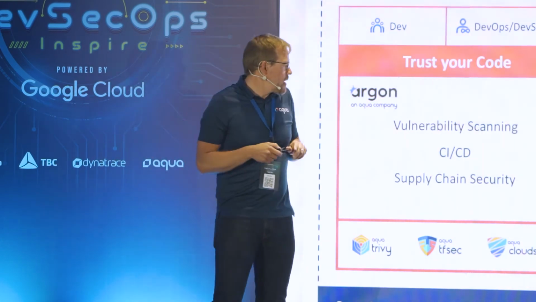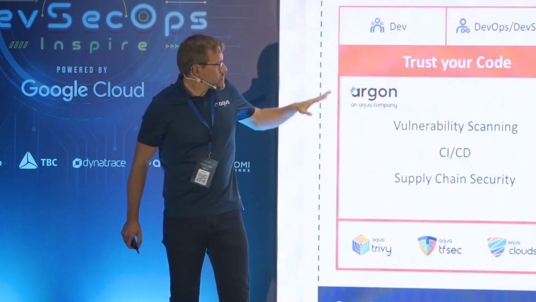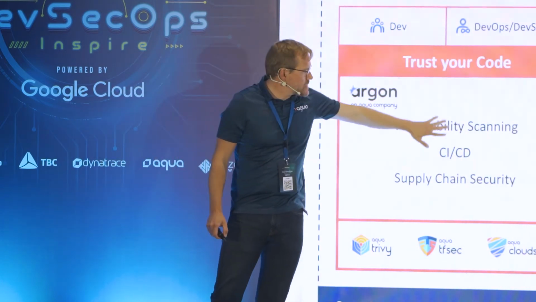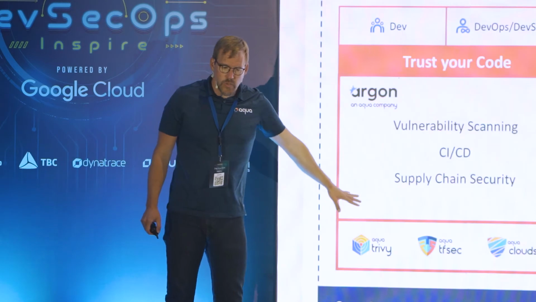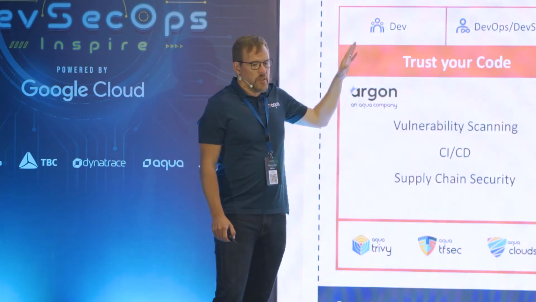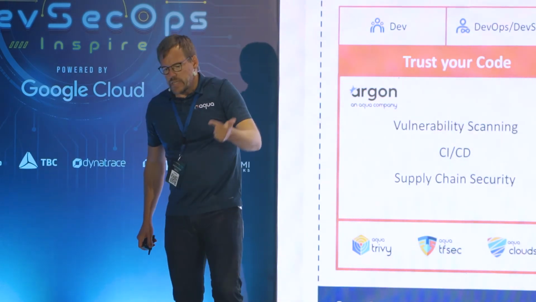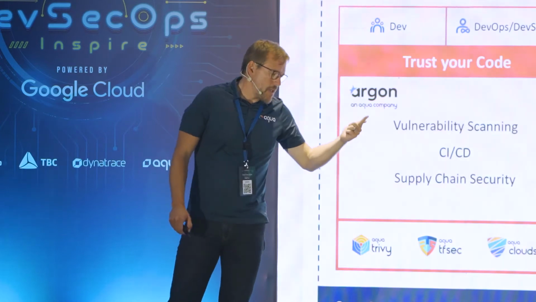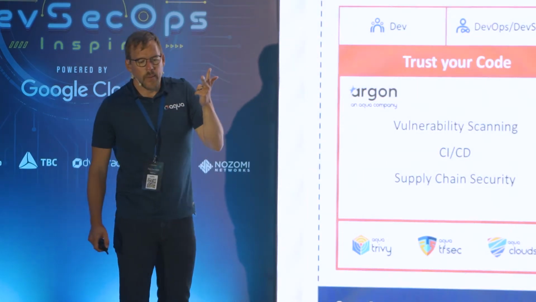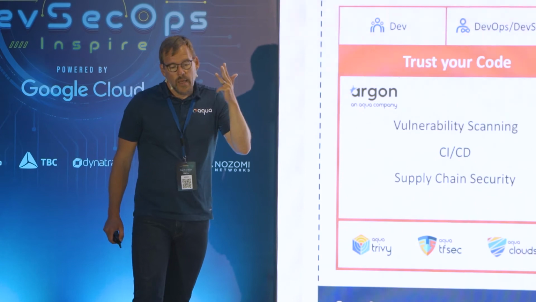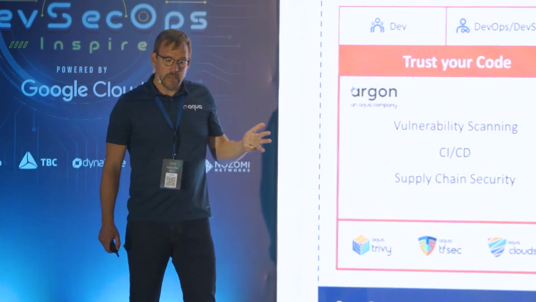You need to train yourself on it. So in most cases, if you scan your code, we use Trivy, and we find not only vulnerabilities, we are able to find malware, misconfigurations, and we can find secrets.